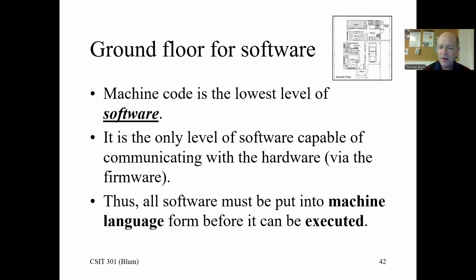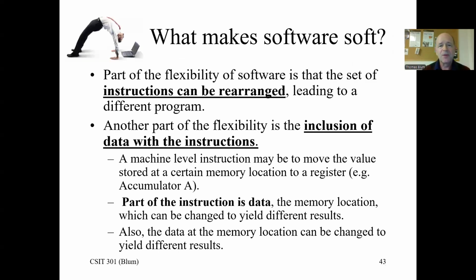But the software we're used to writing at higher levels has to somehow get down to machine language, where the code portion serves as the address of ROM, and it's ROM that knows how to tell the components of the hardware what to do and when to do it, that is, to execute.